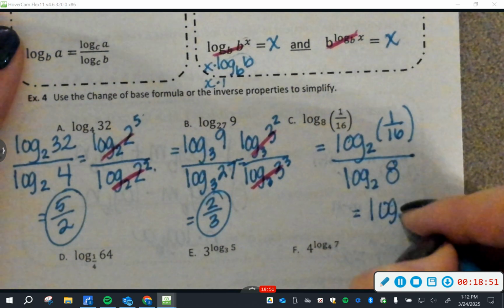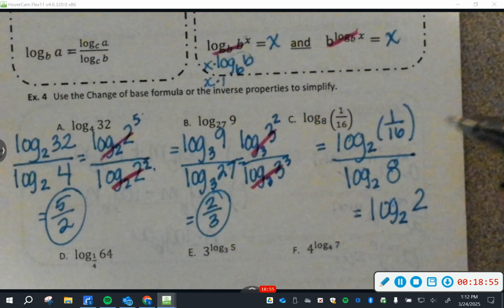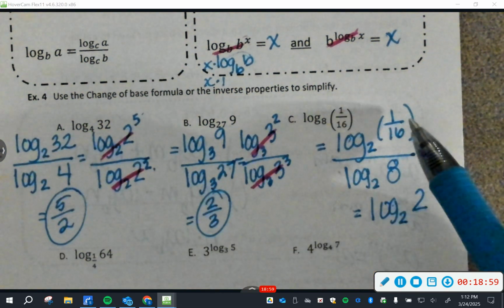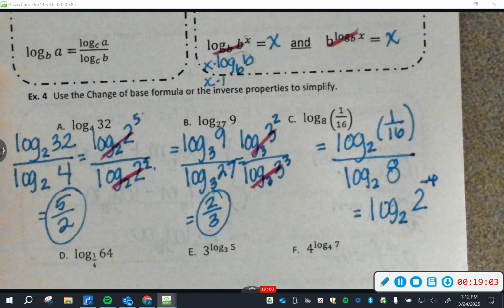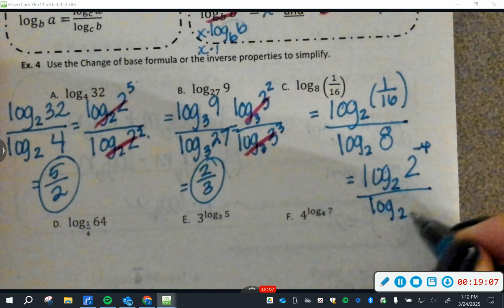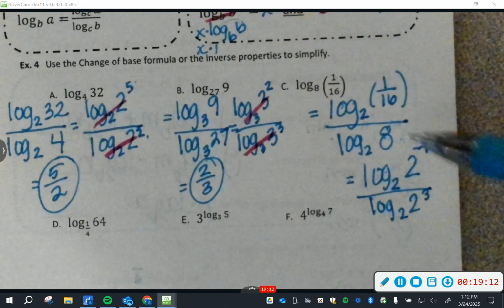So we have log base 2 of 2 to the power of, well, 2 to the 4th is 16. So to make 1 over 16, it must be a negative exponent. So negative 4 over log base 2 of 2 to the 3rd, because 8 is 2 to the 3rd.